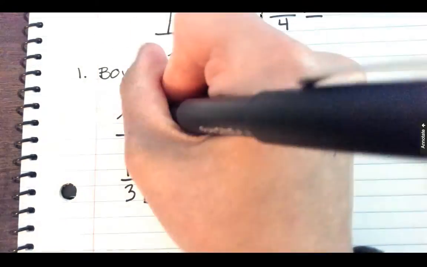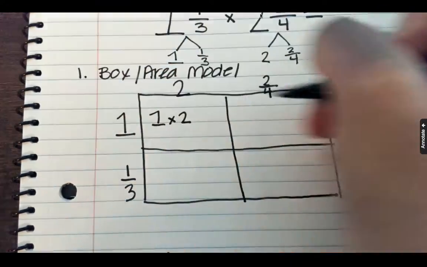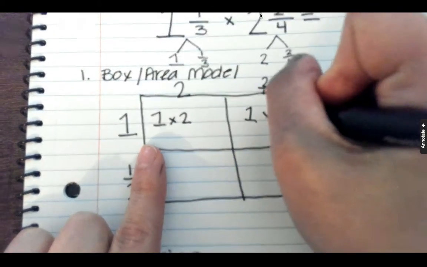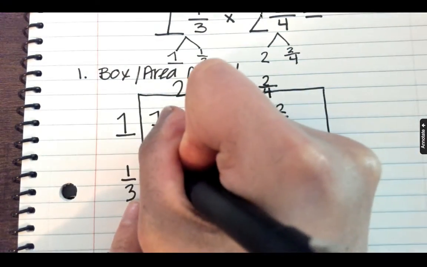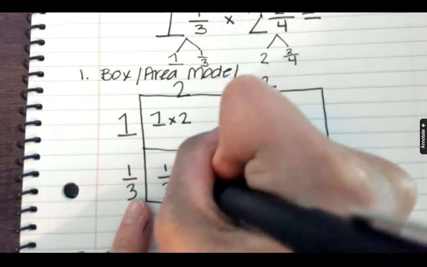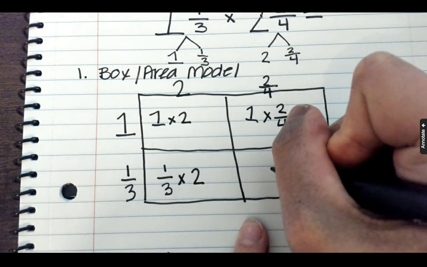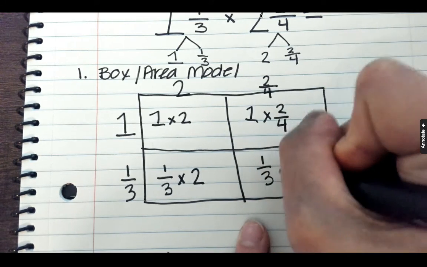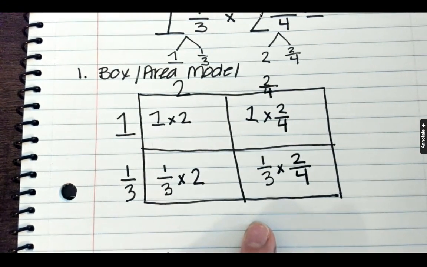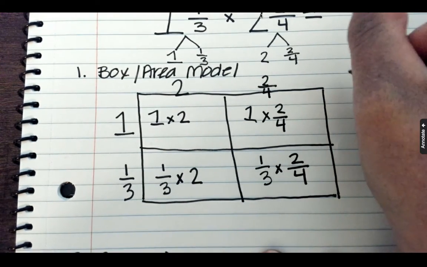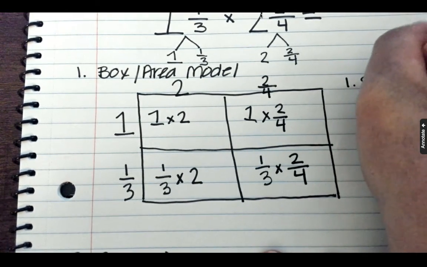So we'll multiply 1 times 2, 1 times 2/4, 1/3 times 2, and 1/3 times 2/4. So step 1, we set up our box.